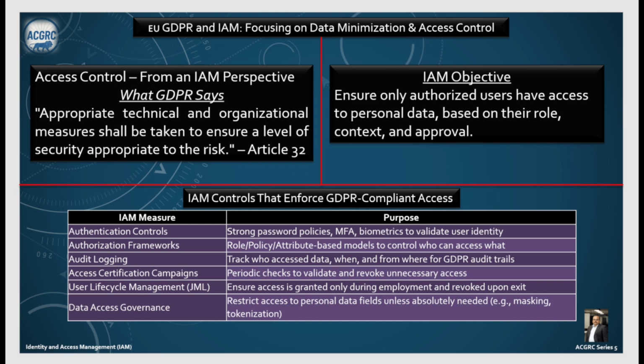So, how do IAM controls enforce GDPR? Well, it starts with authentication control, which is strong password policy, MFA, biometrics to validate user identity. Authorization framework, which is about roles, policy, attribute-based models to control who can access what.